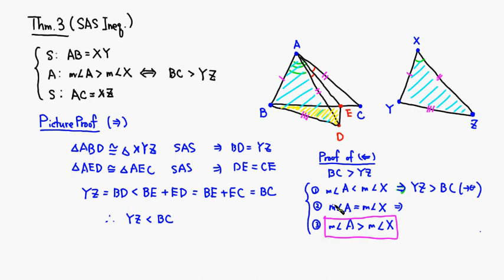If angle A and angle X are congruent, then triangle ABC and triangle XYZ are congruent. So BC and YZ are corresponding parts of congruent figures, and they are equal to each other. Again, this contradicts line number 1. So therefore, we have what we need by the rule of elimination. This is the proof of the other implication.